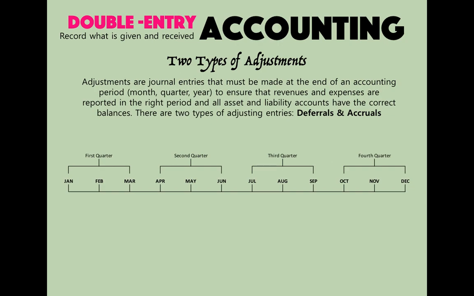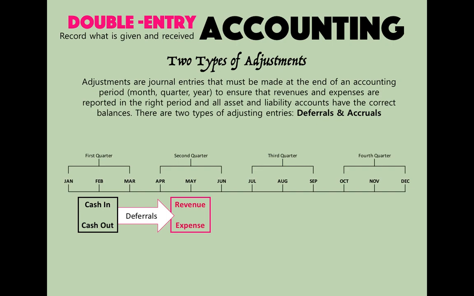There are 2 types of adjusting entries, and we call them deferrals and accruals. Now, here's how they're different. Let's say that we have earned revenue and incurred an expense in the second quarter of the year. If the cash that came in related to the revenue came in the first quarter, or cash went out related to the expense in the first quarter, then we have deferral adjustments that need to be made in that second quarter to show the revenues and expenses.